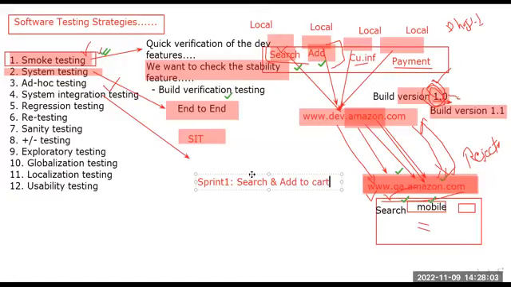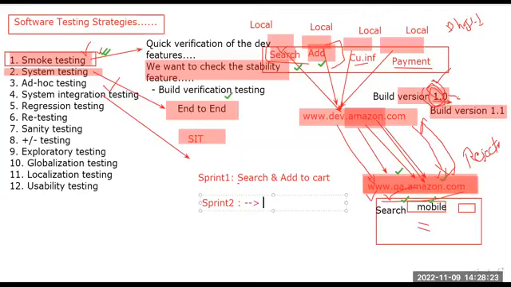Now let's say that we have completed sprint one, phase one, where we developed these two functionalities. Now we will jump to the next sprint. Yes or no? Definitely yes, because again we have to develop some new functionality. So in the next phase we are going to develop customer information, the payment gateway, and the order confirmation, these three features.